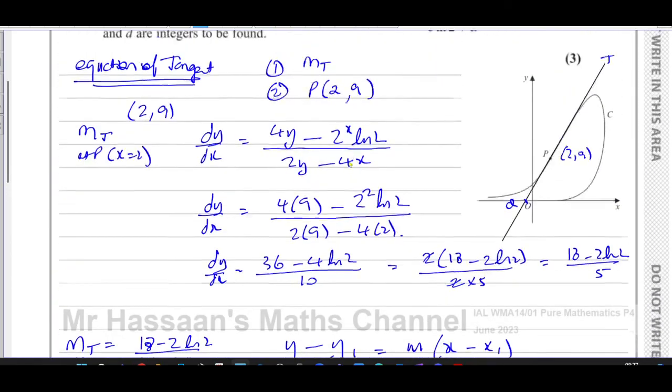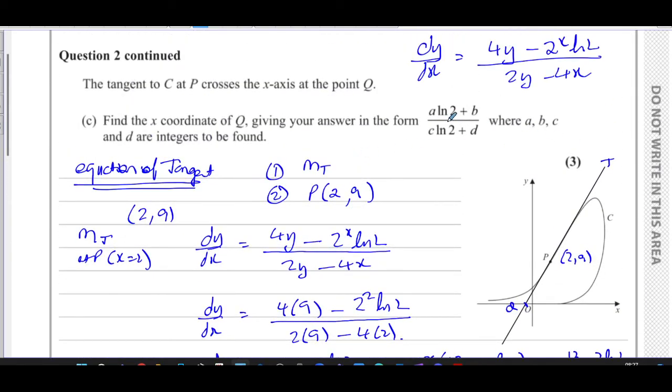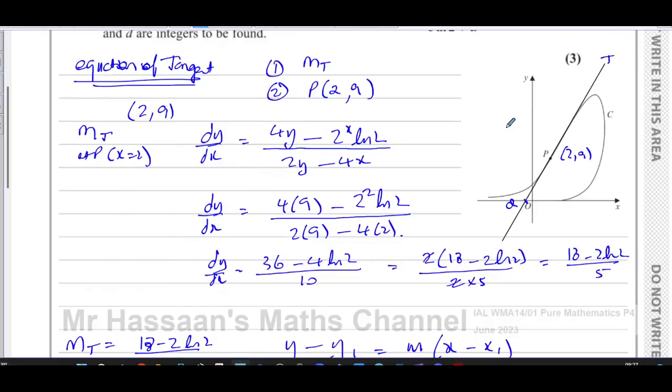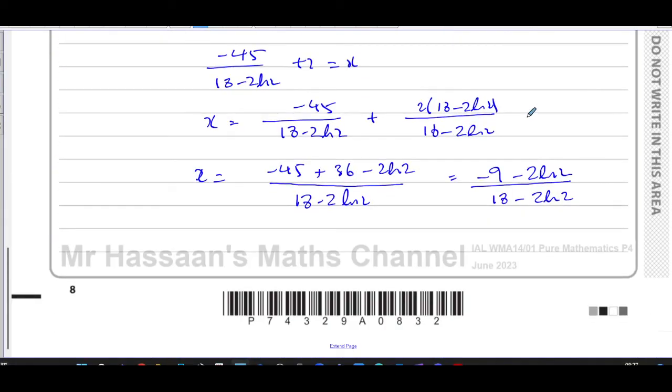Is that what we had to show? We need A, B, C and D. This is minus 4 ln 2.